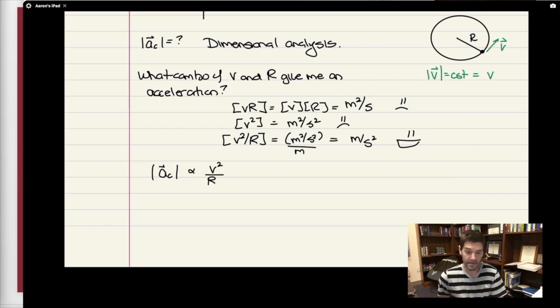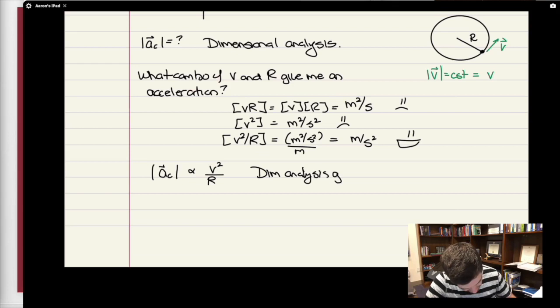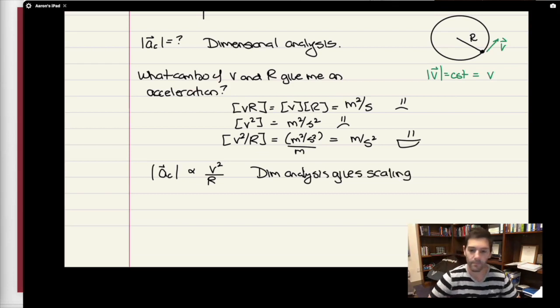There is some number out front, maybe it's 3, maybe it's pi, maybe it's 1 over 6, which this does not tell me. This is only telling me scaling. Dimensional analysis gives scaling only, in that you actually have to do the complicated math if you want to get the exact number.